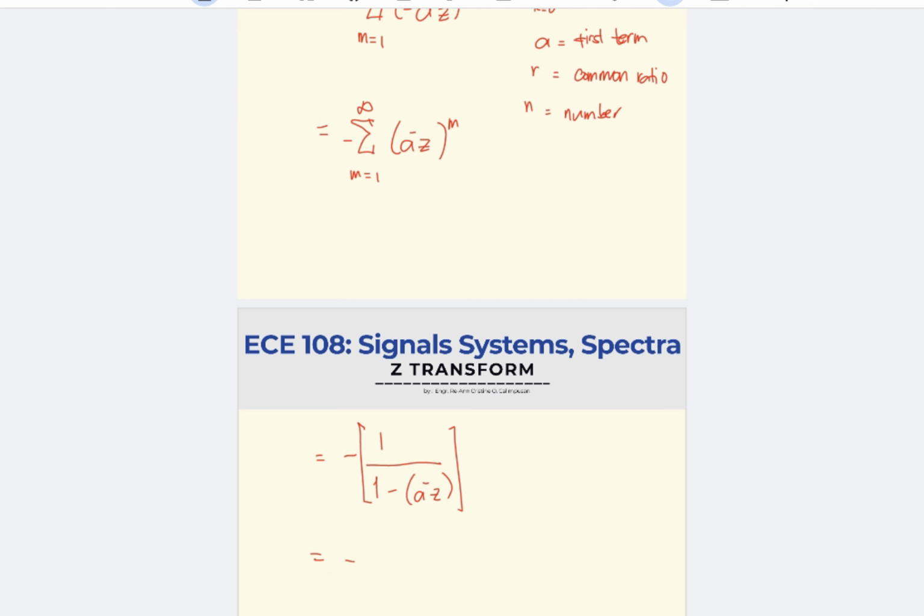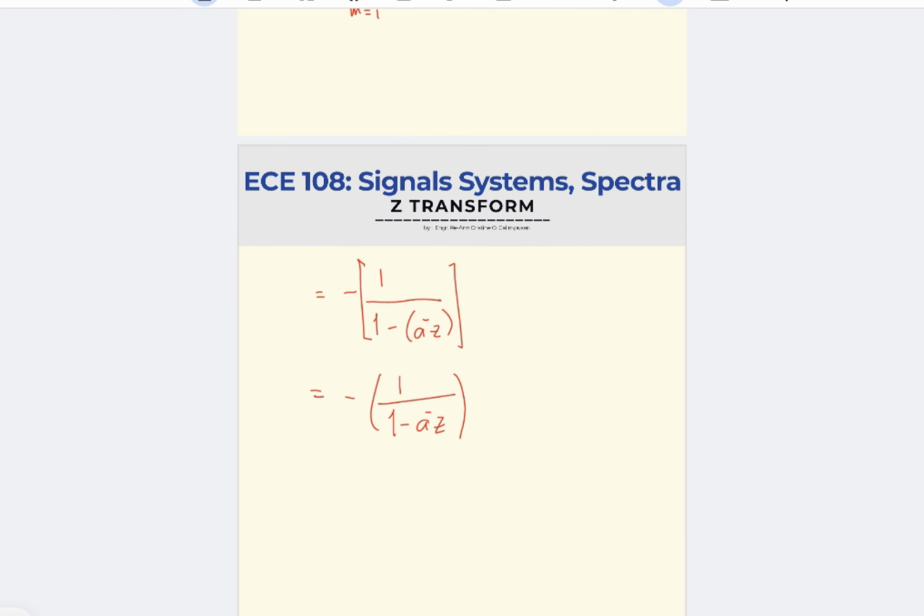So this is the z transform of x of n: 1 over 1 minus a negative z. Don't forget the negative outside. Or we can write negative 1 over 1 minus z over a.